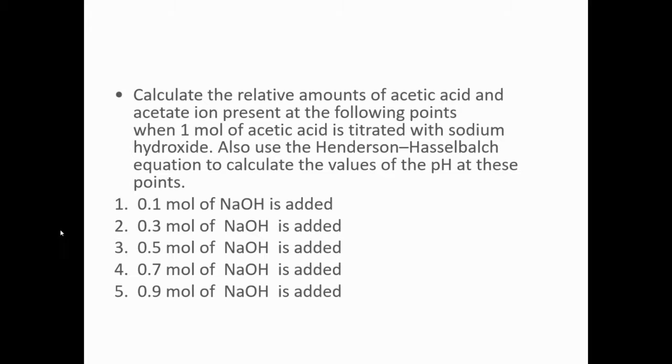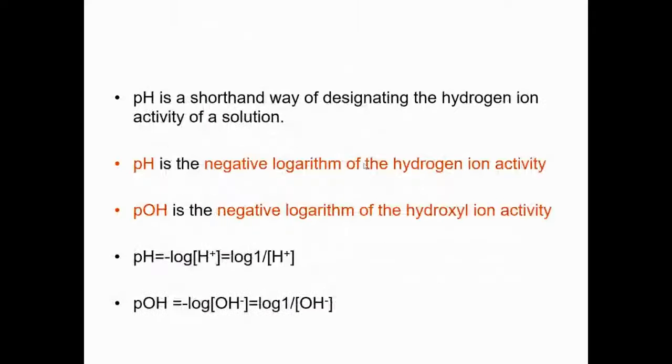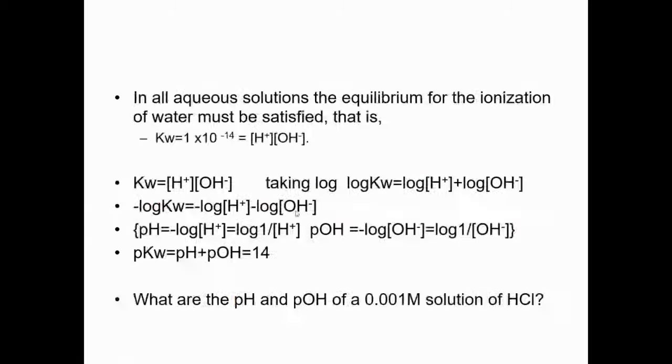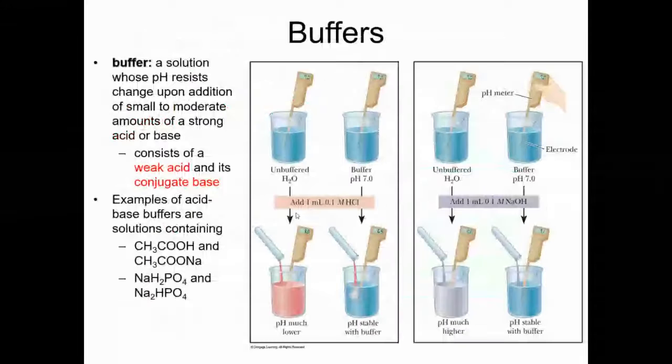And then let me go back here. And pH, of course, is the negative log of the hydrogen ion activity. So pH is negative log H here, and pOH would be similar. The reason we learn the pKa and pH is that in molecular biology, a lot of the time you need to use a buffer.